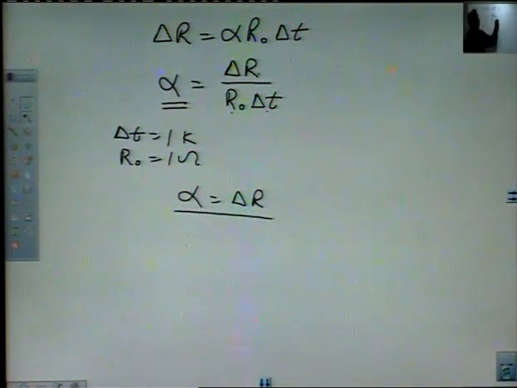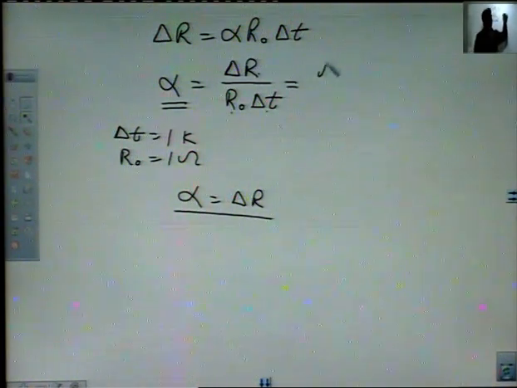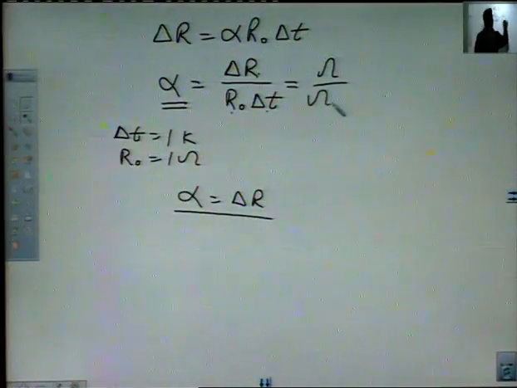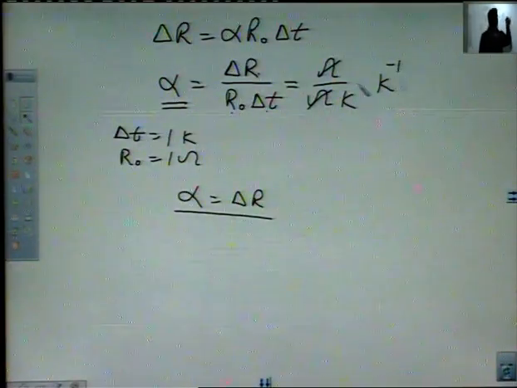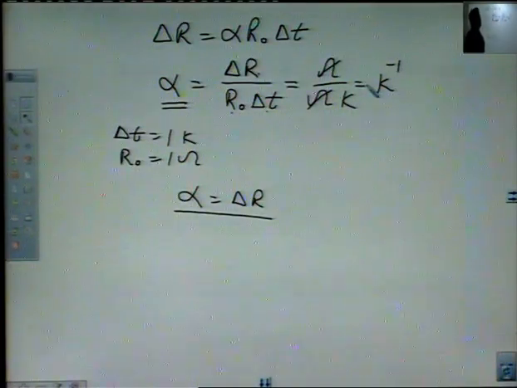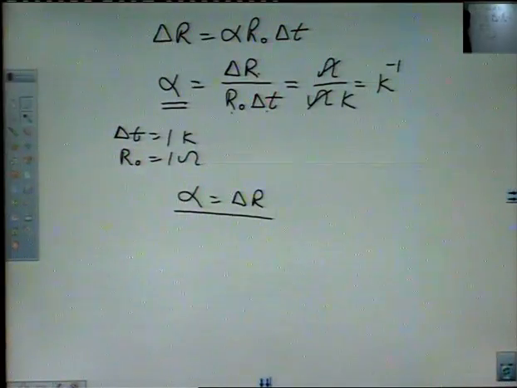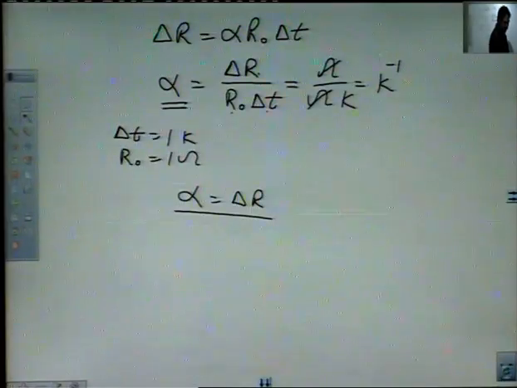Units of alpha are ohms divided by ohm and units of temperature. So, ohm cancels with ohm, Kelvin minus 1 are the units of temperature coefficient of resistance, or if you measure temperature in degree centigrade, then degree centigrade minus 1 are the units of temperature coefficient of resistance.